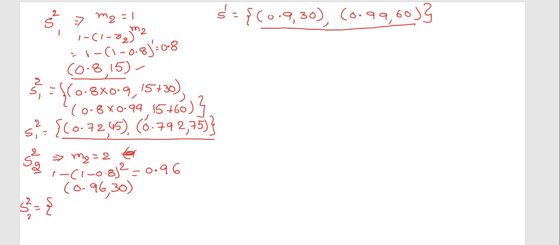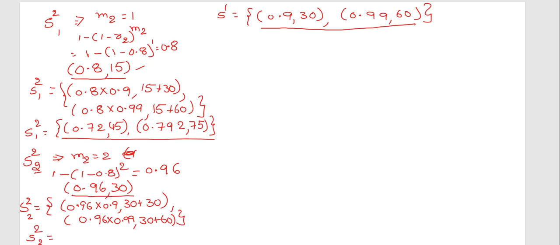The answer is simply we are multiplying this pair into stage 1. The same procedure, 0.96 into 0.9 comma 30 plus 30, this is one pair. 0.96 into 0.99 comma 30 plus 60, this is another pair.